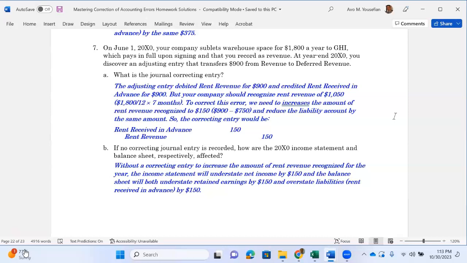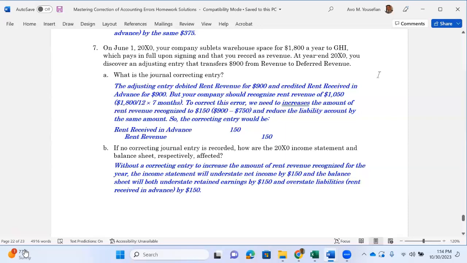So cash goes up by $1,800. That's a debit cash. And we record it as rent revenue, and that's a credit of $1,800. And that's June, July, August, September, October, November, December. That's 7 months.